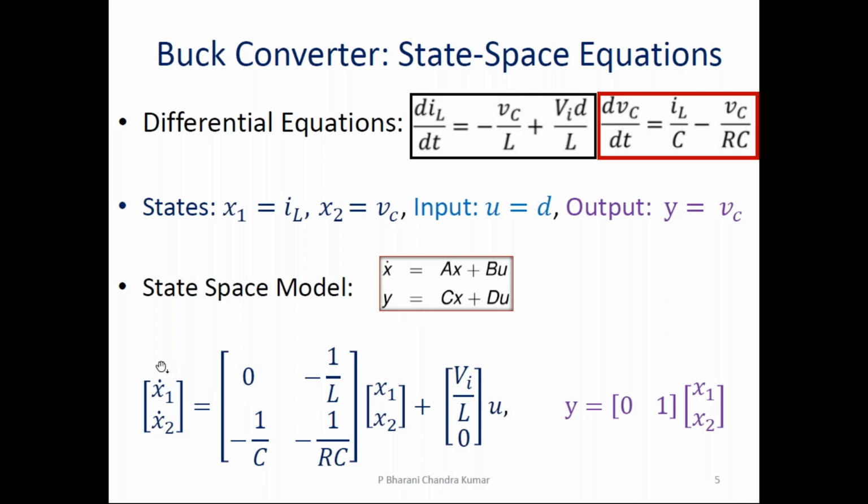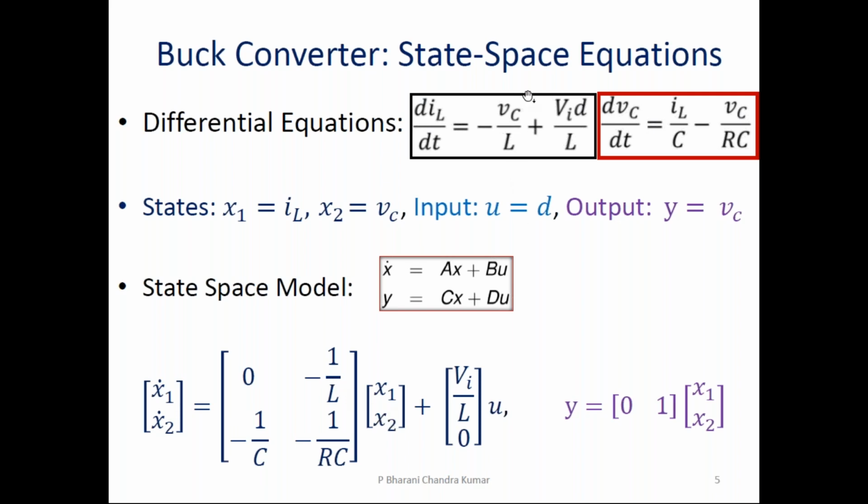So now when I say x1 dot, that means x1 is IL. So IL dot, this is my IL dot. When I say x2 dot, that means x2 is VC. So VC dot I'm getting from here. So from this, what I can say is that x1 dot equal to this particular term will become 0 minus x2 by L. If I multiply like this and like this, x1 dot equal to 0 minus x2 by L. What is x2?